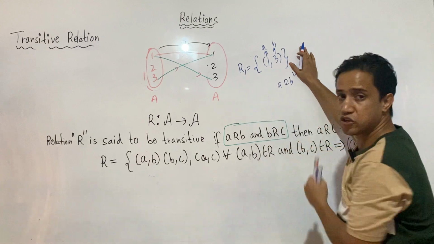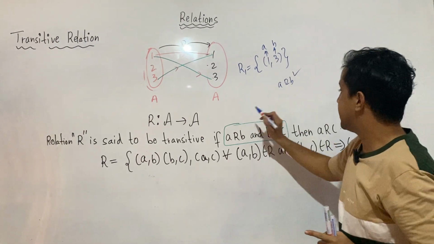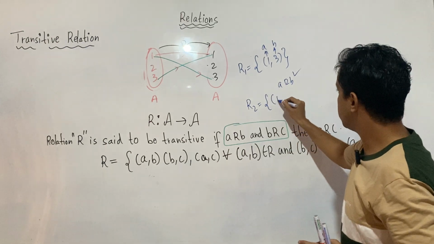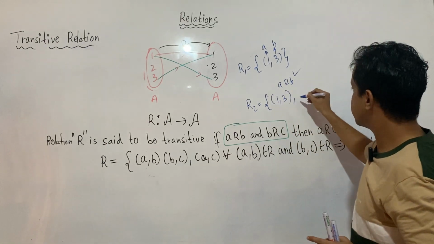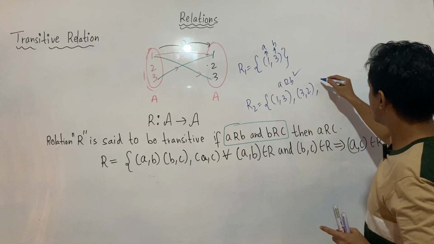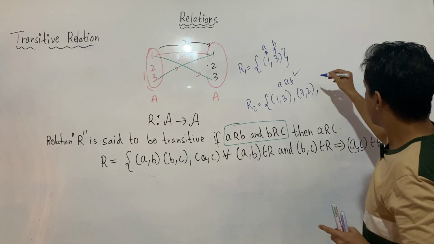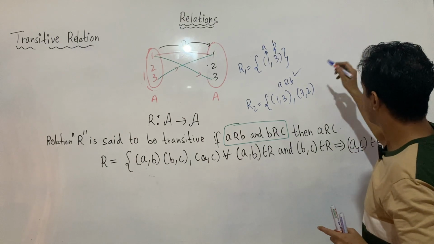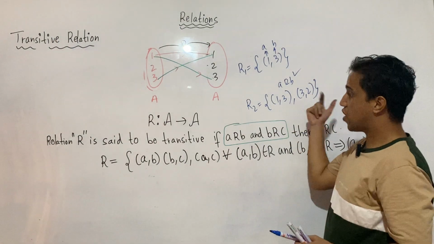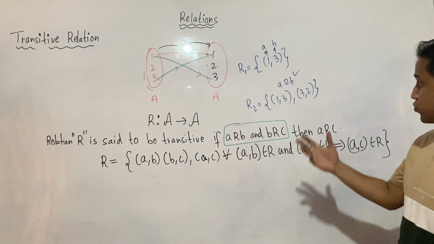It is going to be transitive, but if R2 is (1, 3) and (3, 2), then you have just these two things. Now you have two elements in this relation.